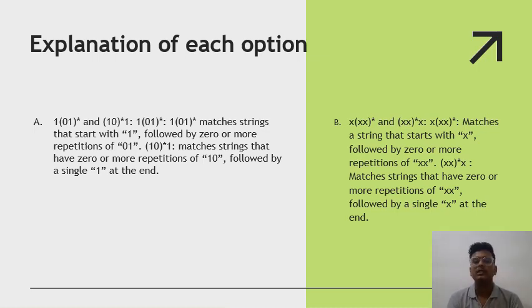For x(xx)* and (xx)*x: x(xx)* matches strings that start with x followed by 0 or more repetitions of xx. Then the second expression matches strings that have 0 or more repetitions of xx followed by a single x at the end.